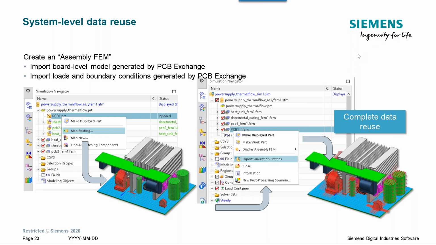So all your different PCB board level analysis can be reused at the system level to validate the initial analysis that you've done. And again, this workflow is very powerful because since we streamline from PCB Exchange the analysis, you can run it multiple times during your design development process. So you can make sure that once you have an initial component placement with maybe an average of the copper content, you can do an initial check.